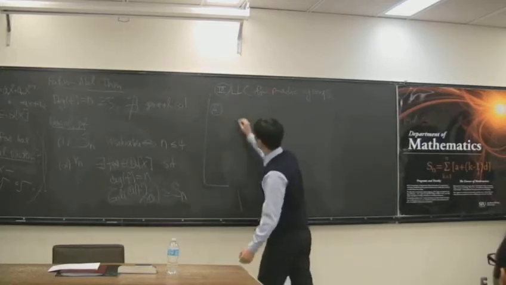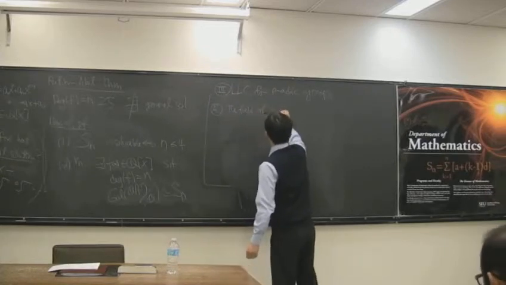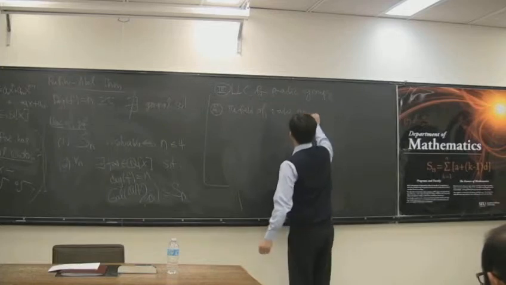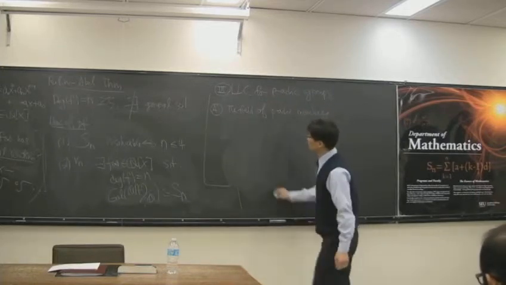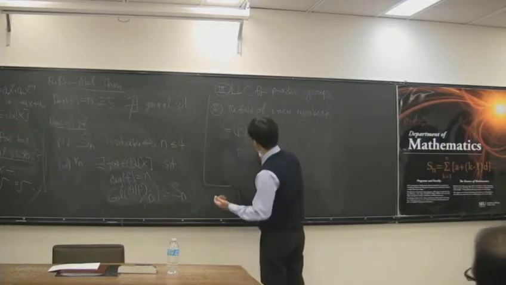There is the field of p-adic numbers, denoted Q_p, where p is just an arbitrary prime number.